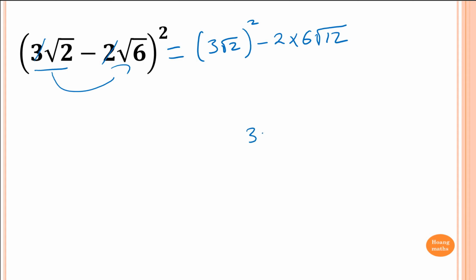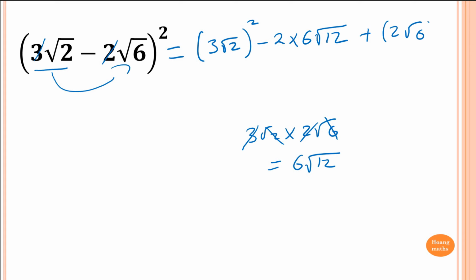Because 3 root 2 times 2 root 6, this times that gives me 6, and 2 times 6 is 12, but of course square root. I just write this first, and then plus 2 square root of 6 squared. Sorry, I just fixed the 6 up.